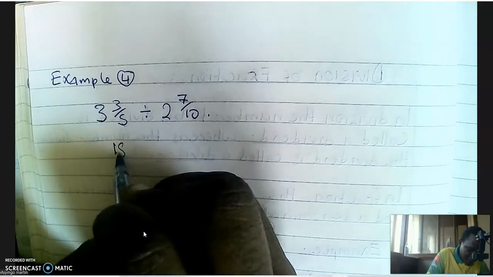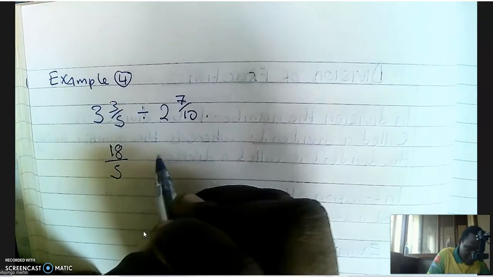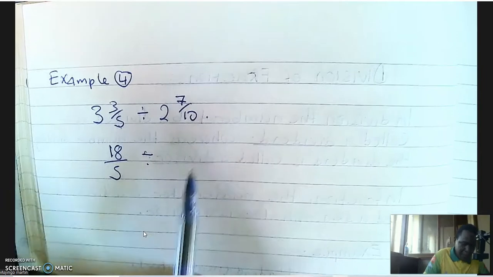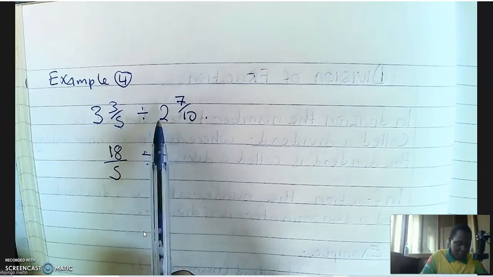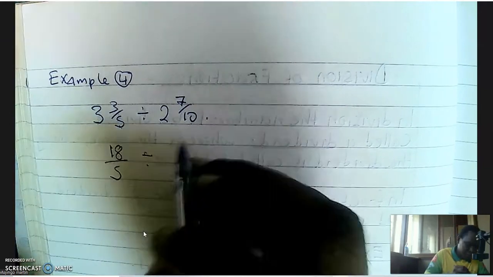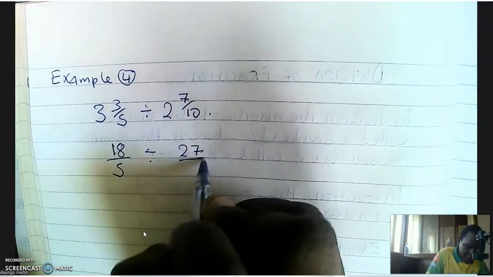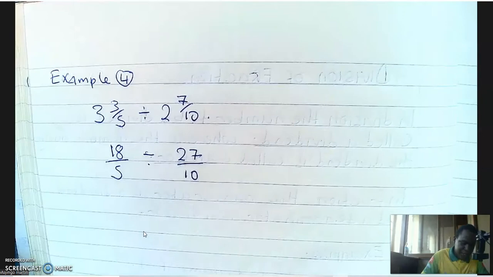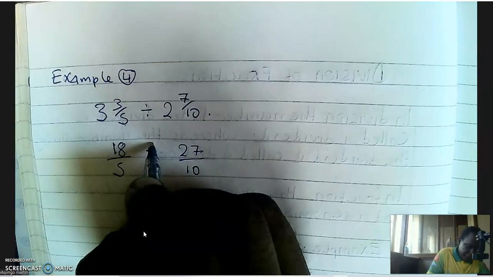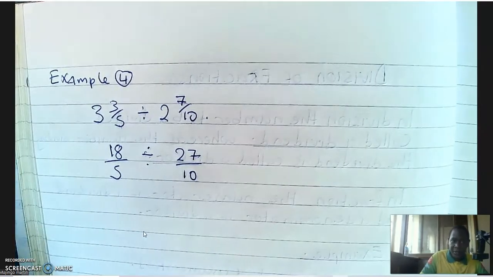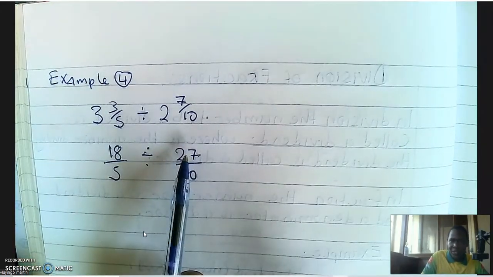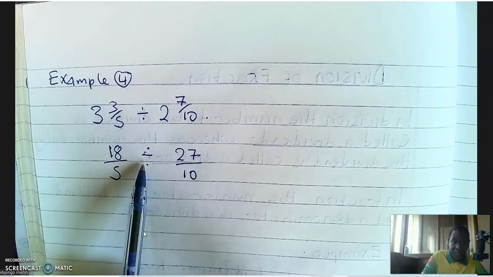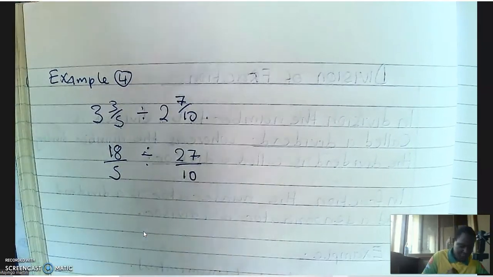Therefore, here we shall have 18 out of 5, divided by, and we do the same thing here: 10 times 2 we get 20, and 20 plus 7 we get 27. So 27 out of 10. Since we are doing division, the last term we take its reciprocal, and then change the sign from division to multiplication.